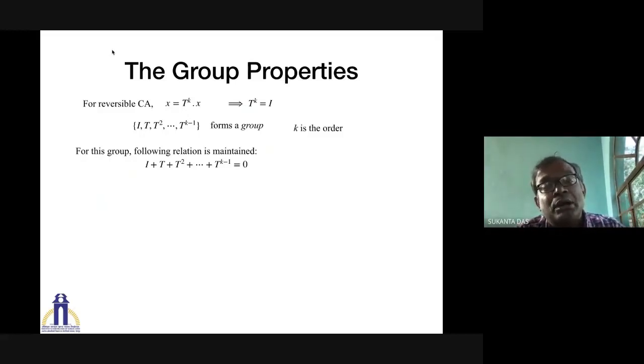You can see it also just from adding these power matrices.